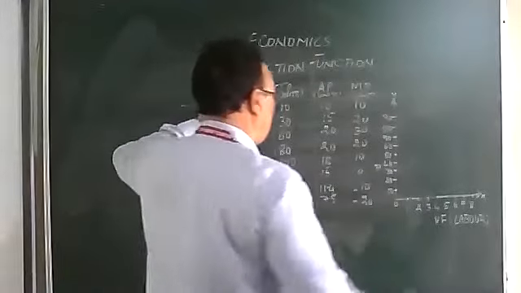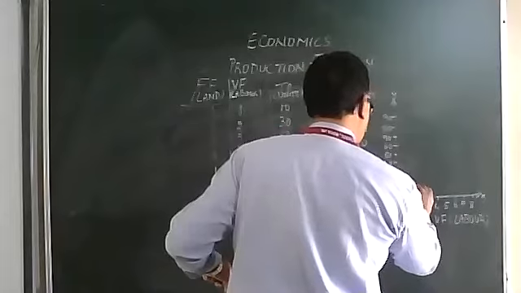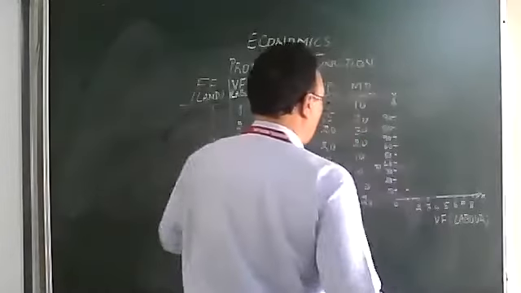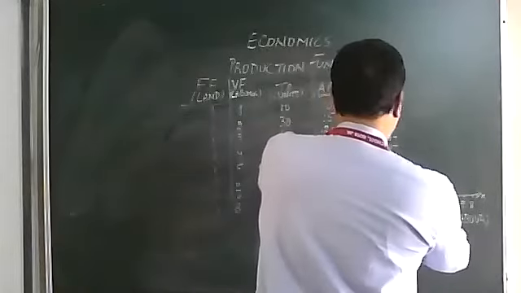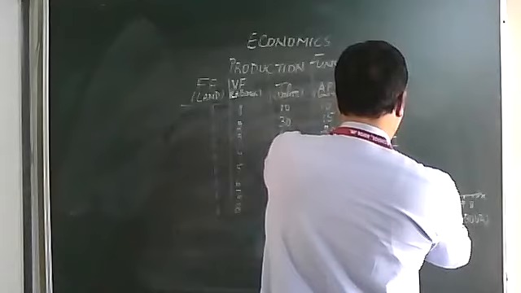One labor, 10, put a dot over here. 2, 30, go up straight.